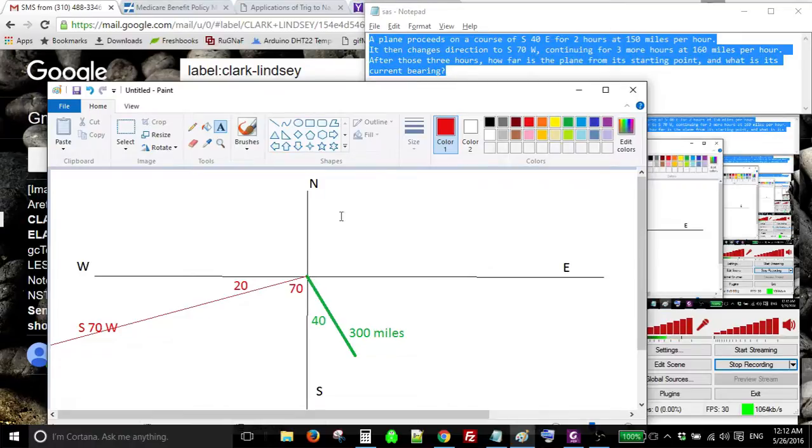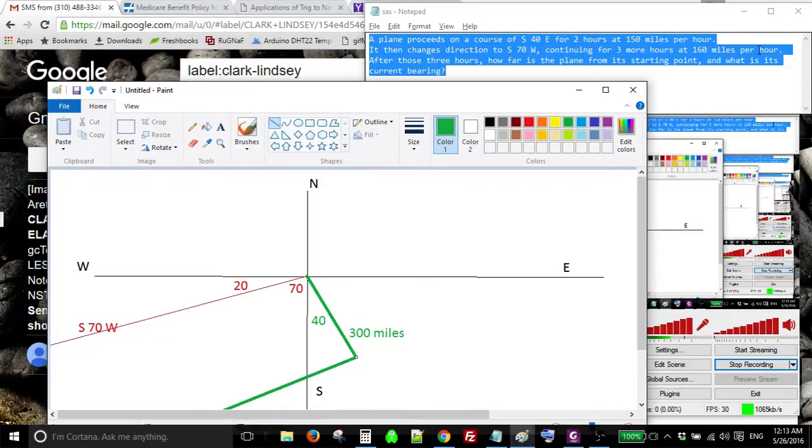Okay, now that's not where the plane went. Where the plane went is just parallel to that, so I'll keep it in green. Now the plane is over here, and it went parallel to that red line, so this is nice and parallel. There we are. So right here, that's the end point after it goes 3 more hours.